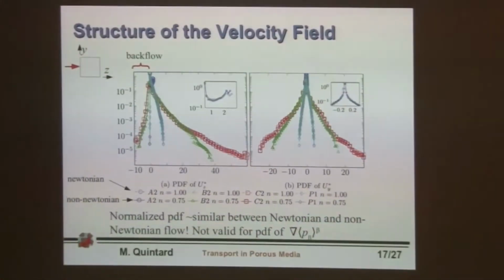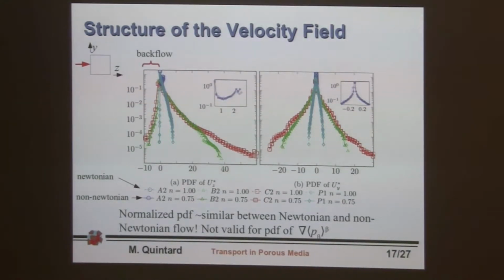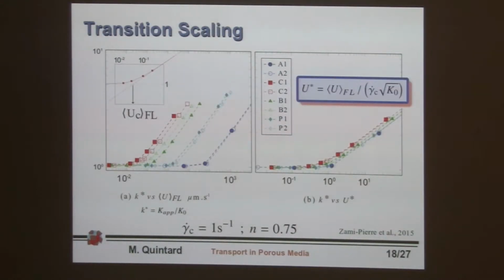It looks like the things that determine the flow field for the Newtonian case involve the same geometrical features as the ones that determine the non-Newtonian case. But this is a statistical observation. It does not clearly show if you look at the different flow fields. So this is a little bit more complicated to understand.